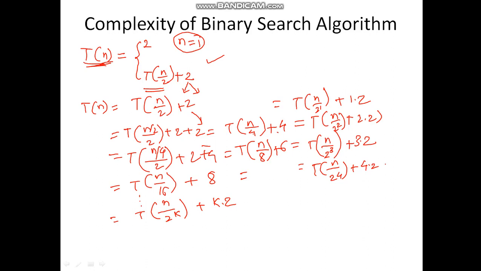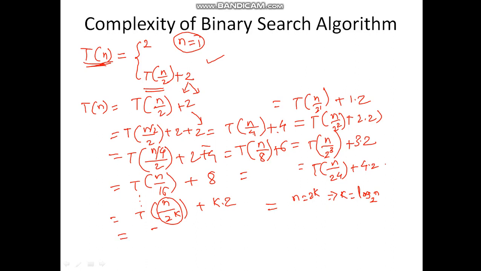Now what I know is T of 1 is equal to 2. So if I want to make this equal to 1, I have to assume that n is equal to 2 raised to k. And if n is equal to 2 raised to k, it implies that k is equal to log n to the base 2. If it were 10 raised to k, it would be to the base 10, but now it is 2 raised to k, so it will be log n to the base 2.